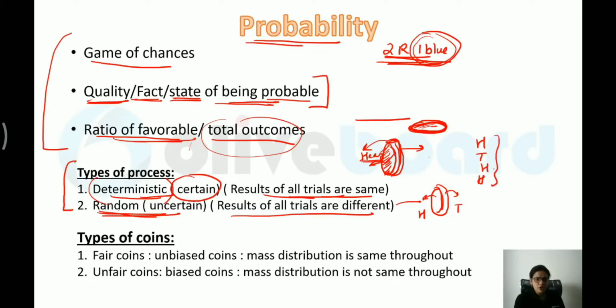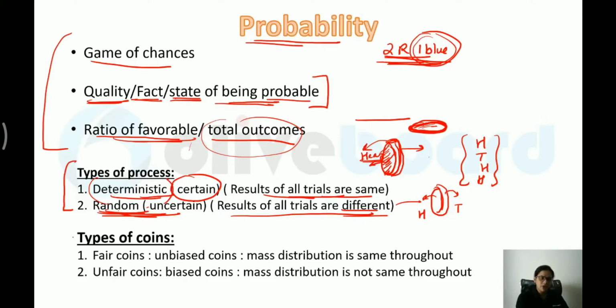So I do not know what I can get. All outputs would be random, or I could say they would be different. So these are the two types of processes. Please remember the definition. Deterministic means you are talking about a certain output. And when you are talking about the random process, that means the output can be anything. All outputs are equally possible.